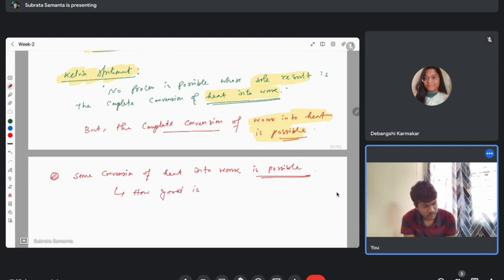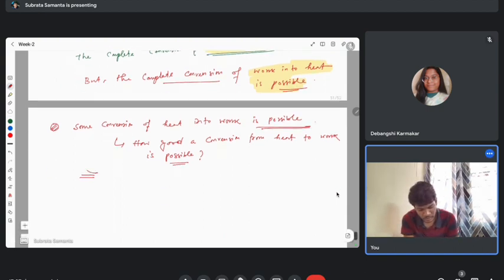Let's write a complete statement: how good a conversion from heat to work is possible. To answer these questions, we introduce the concept of engines.